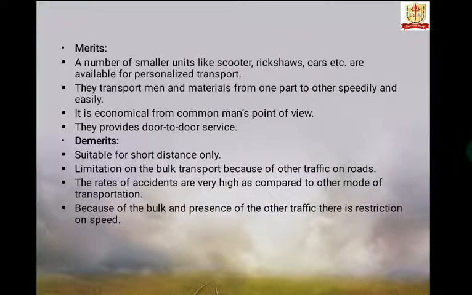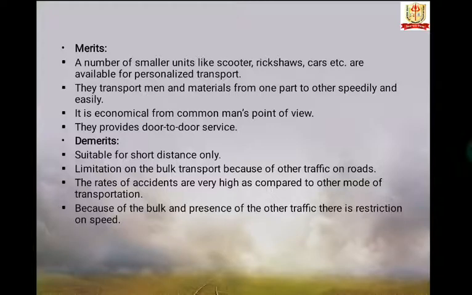Merits: a number of smaller units like scooters, rickshaws, cars, etc. are available for personalized transport. They transport men and material from one place to another speedily and easily. It is economical from the common man's point of view. They provide door-to-door service.